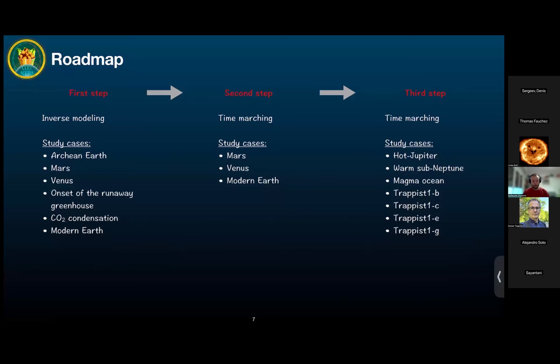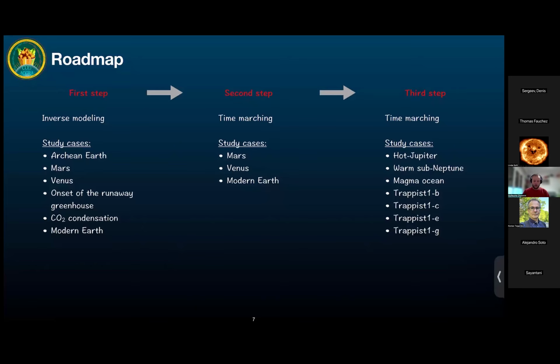And we have also CO2-rich atmospheres and CO2 condensation, which is usually the outer edge of the habitable zone. So with the onset of the runaway greenhouse and CO2 condensation, we have a comparison for both the inner edge and the outer edge of the habitable zone.